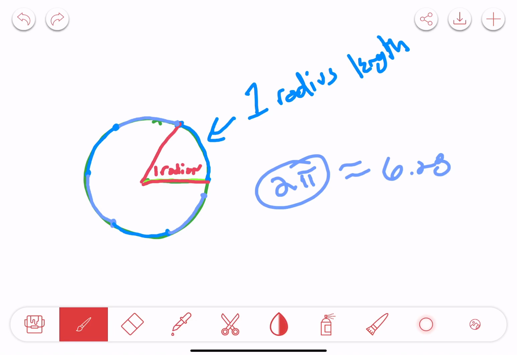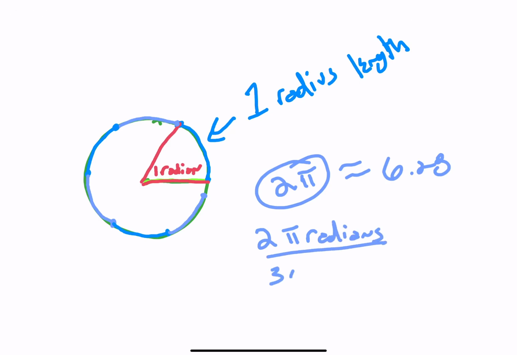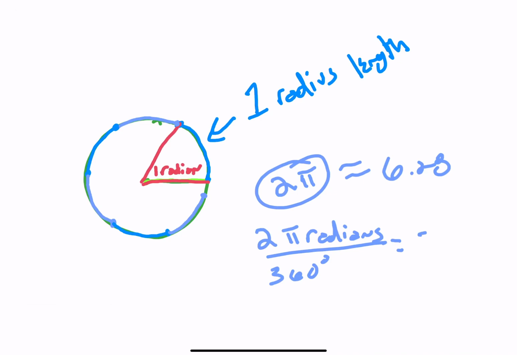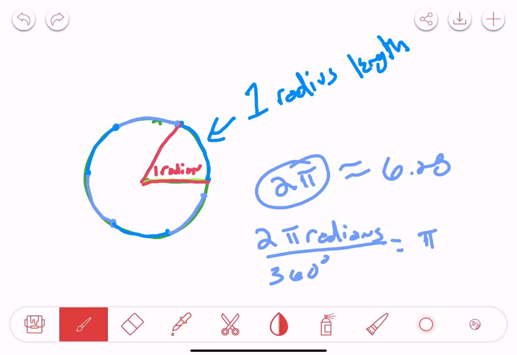Now we need to come up with the conversion factor to get from degrees to radians. Well, 2 pi radians is a full circle, and 360 degrees is a full circle. Both of those are divisible by 2, so if I get my exact reduced fraction, I get pi radians over 180 degrees.